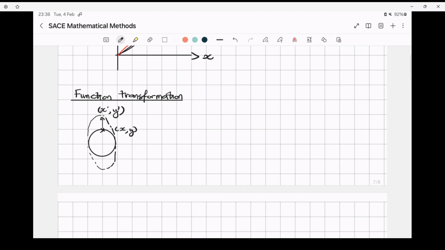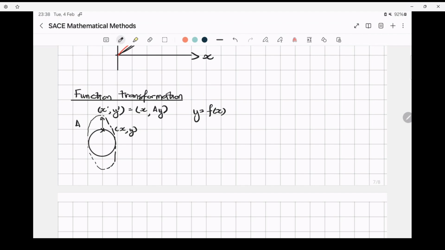So as you can see, if you just stretch in y direction, basically your x does not move, right? So it means that your x prime is equal to x. Now let's say your stretch factor is a, then your y prime will be a times your original coordinate y. So we also let y equal f of x.